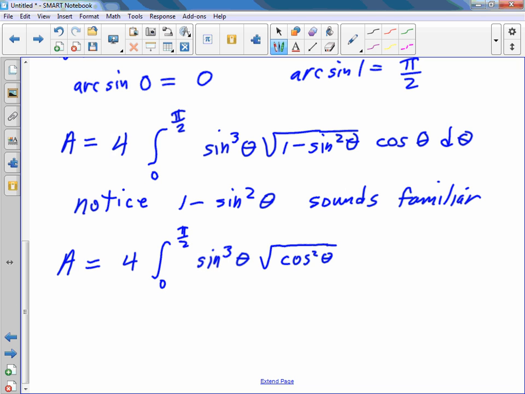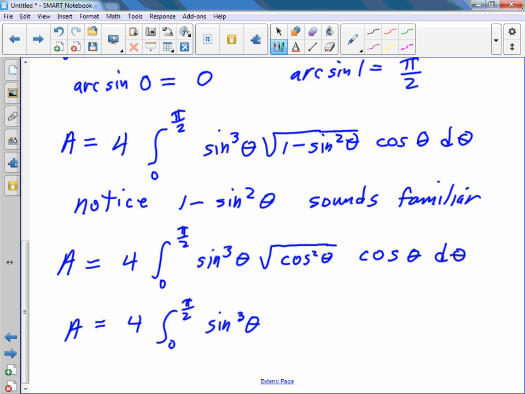Okay, so we have cosine theta times cosine squared theta times cosine theta d theta. Now keep going. Talk to me. What can we do with this? No, no, let's simplify this.